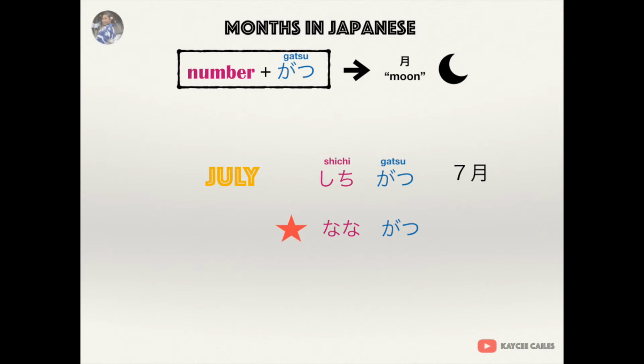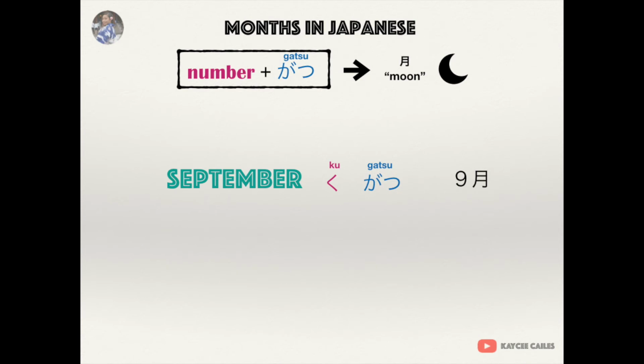But again, in some rare cases, they might use nanagatsu to avoid confusion with April, which is shigatsu. And also for September, it is kugatsu and not kyugatsu, just like how we say 9 o'clock, kuji and not kyuji.